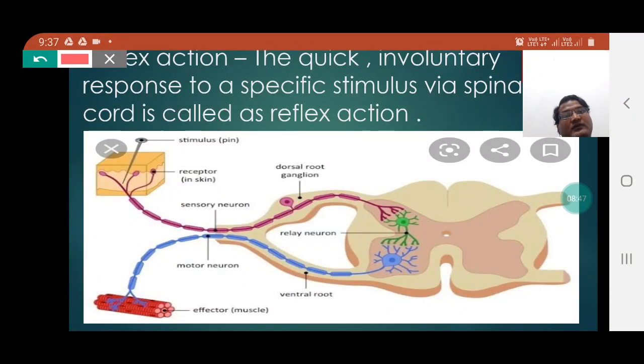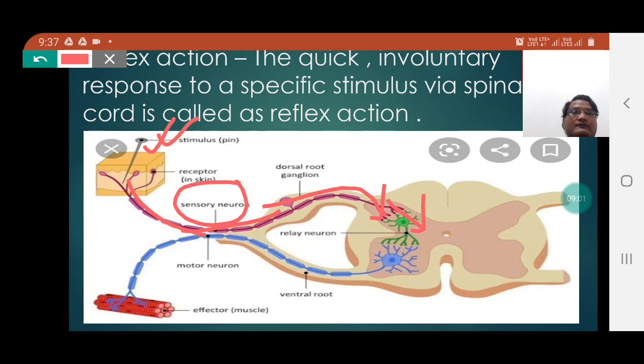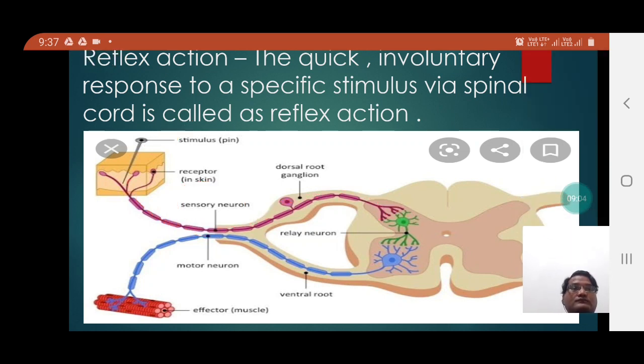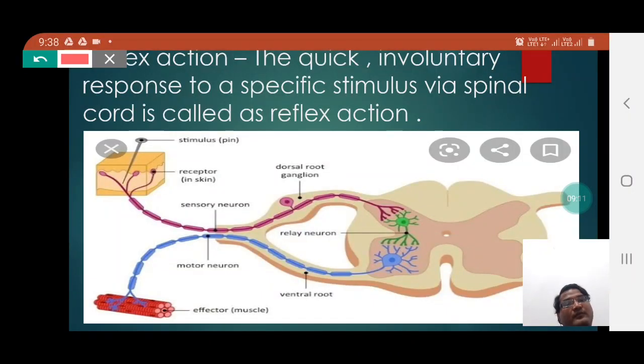this information of the insertion of the pen inside the skin is carried by the sensory nerve to the white matter and thereafter to the grey matter, and this response is quite quick and involuntary. So students, this information will be reacted to by the response via the grey matter, and this response will be carried by the motor nerve which you can see here.